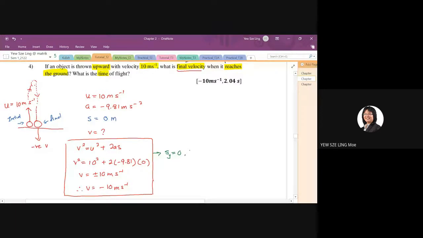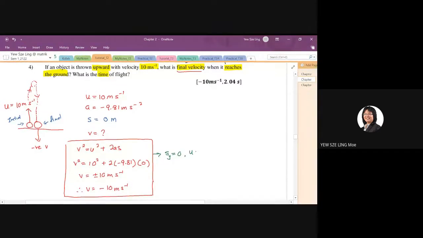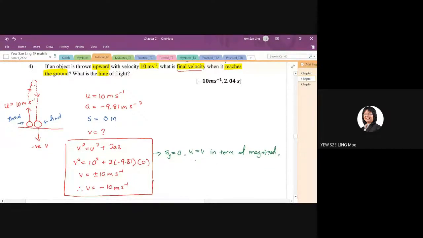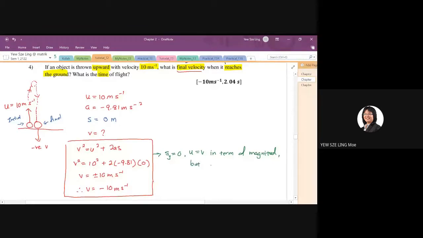So your v and u: v is equal to u in terms of magnitude, but opposite in direction.